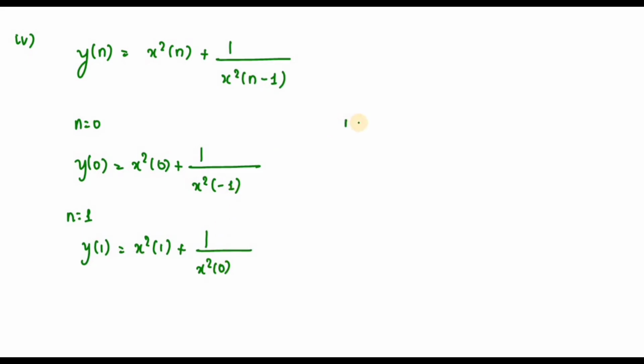What if n is equal to minus 1? Again I will get y of minus 1 is equal to x square of minus 1 plus 1 divided by x square of minus 2.